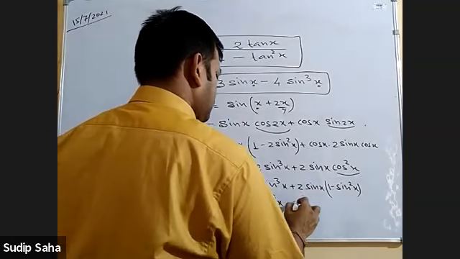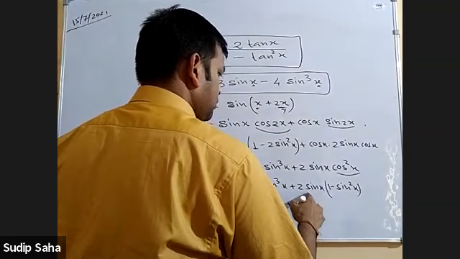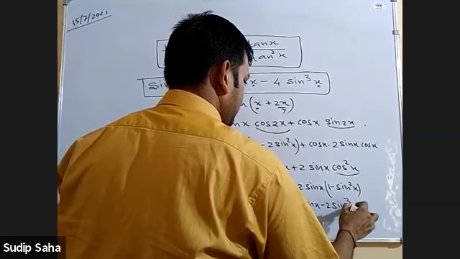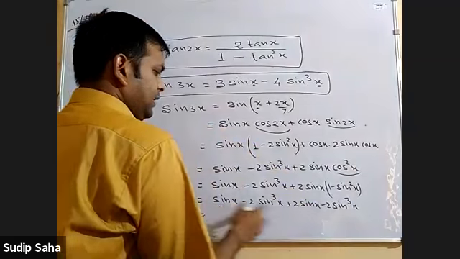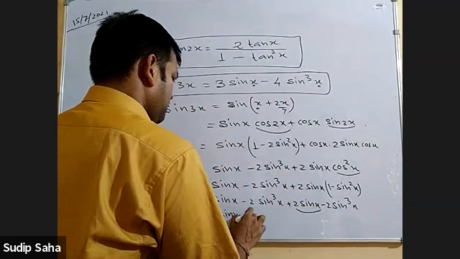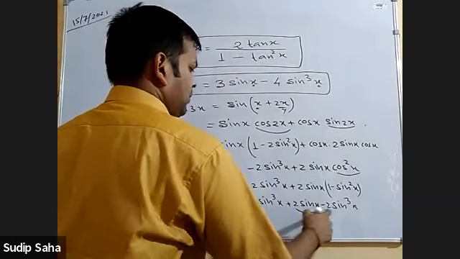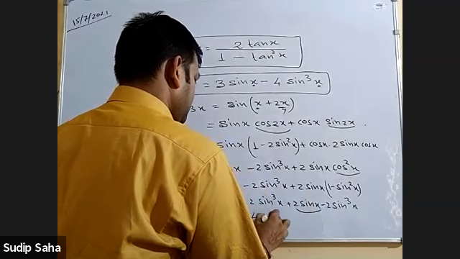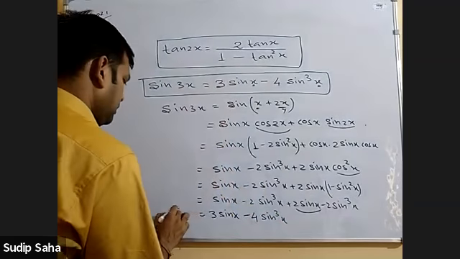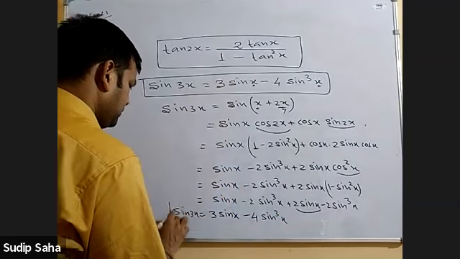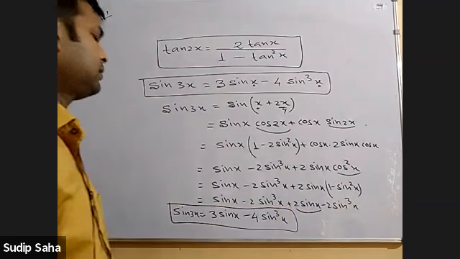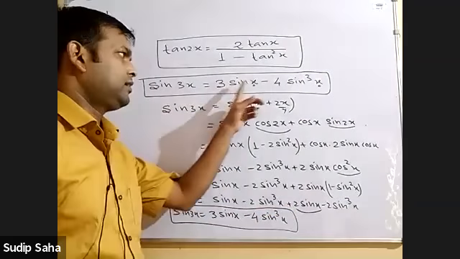Two sine x into 1 minus sine square: 2 sine x minus 2 sine cube x. Sine x and 2 sine x, write 3 sine x, minus 2 sine cube minus 2 sine cube, minus 4 sine cube x. See, the main formula. Did I get that one? Sine 3x is 3 sine x minus 4 sine cube x.